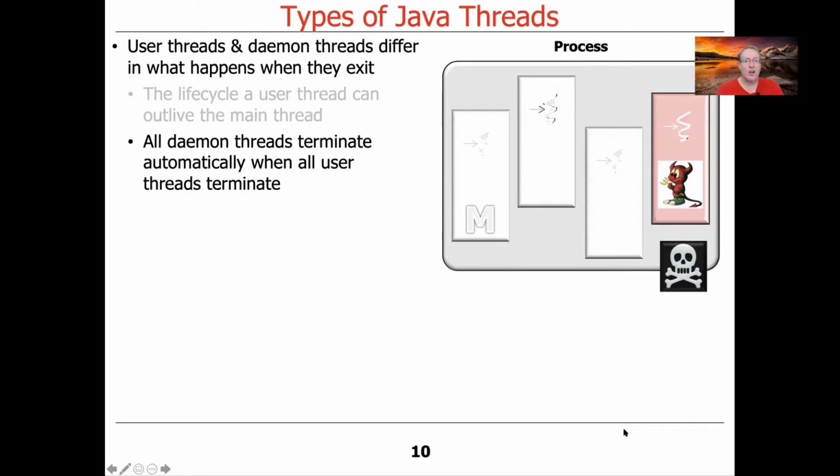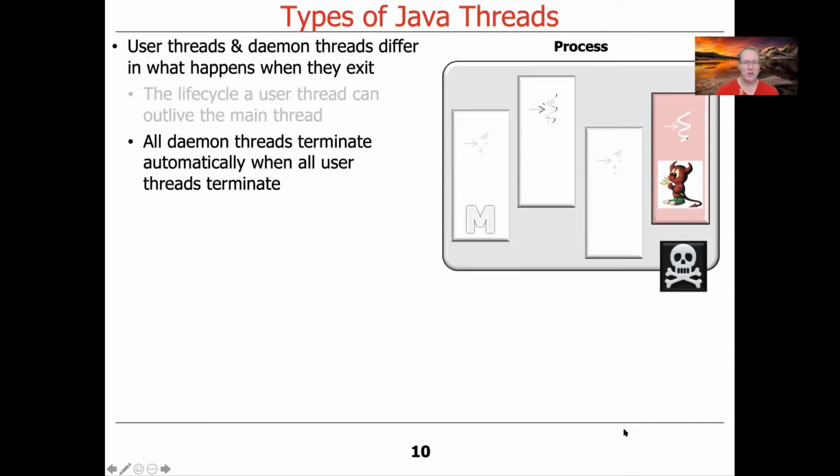However, when all the user threads go away, and of course, if there's just the main thread, when the main thread goes away, if that's the only user thread that's available, then all the daemon threads are automatically terminated. So it's very important to understand what type of thread you have to determine what happens when that thread exits.